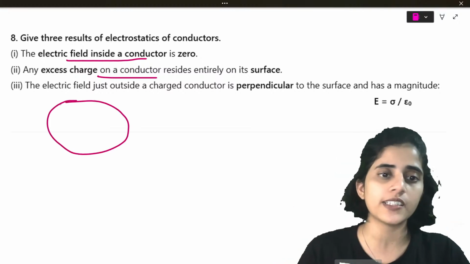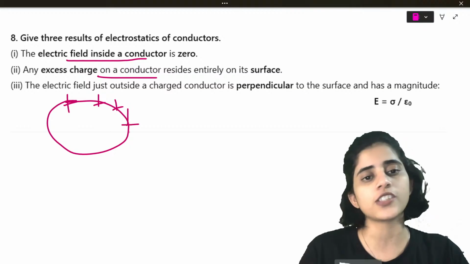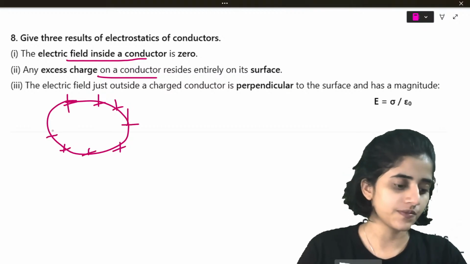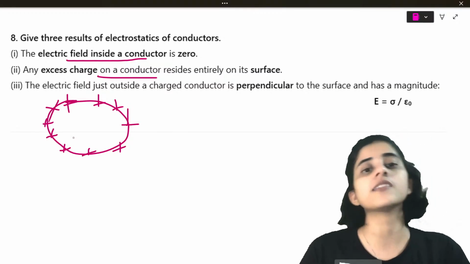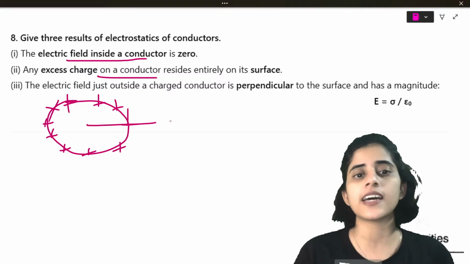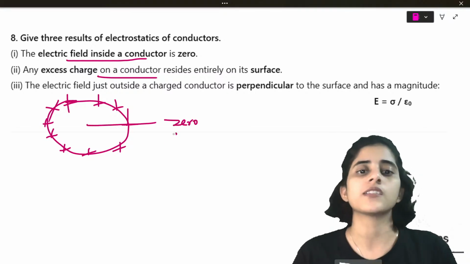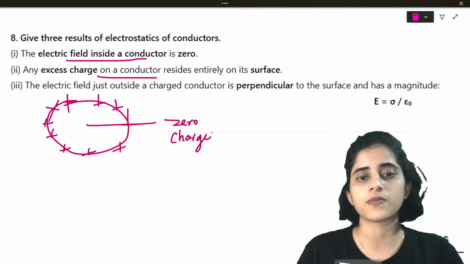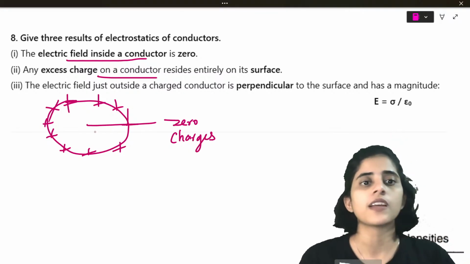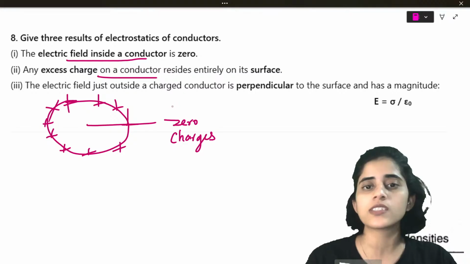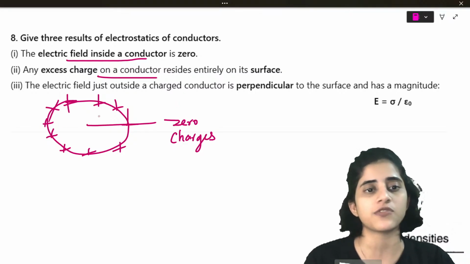So if you have a conductor, all the charges will lie on the surface. Inside, the charges will be 0. And the electric field outside is perpendicular to the surface.